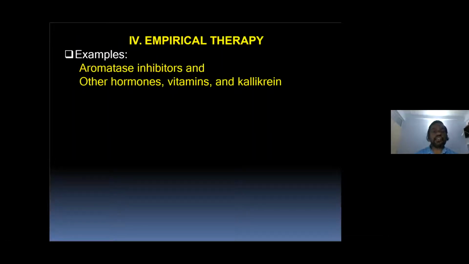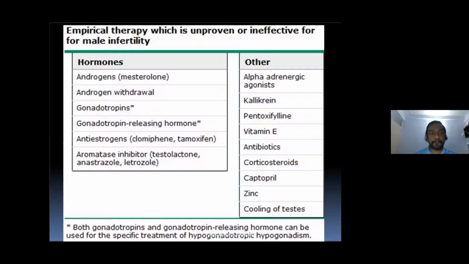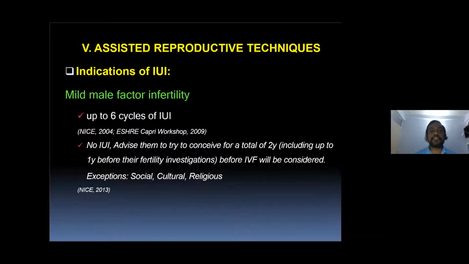And the empirical therapies for male factor subfertility do not have strong evidence to say that they will improve the chances of fertility, but these will be a supportive element or like a placebo effect in male factor subfertility. And assisted reproductive techniques are the only hope when there is inability of production of an adequate amount of spermatozoa in the seminal fluid.